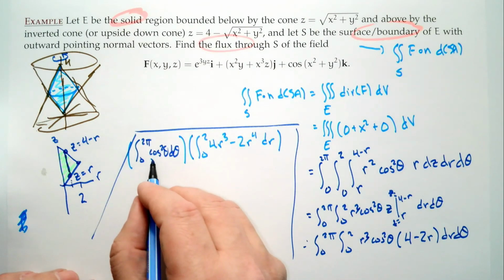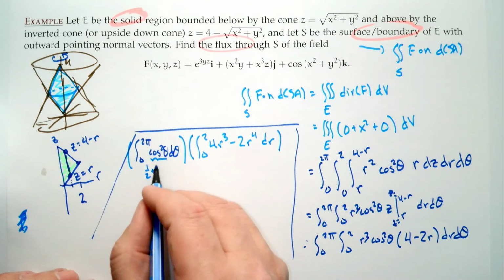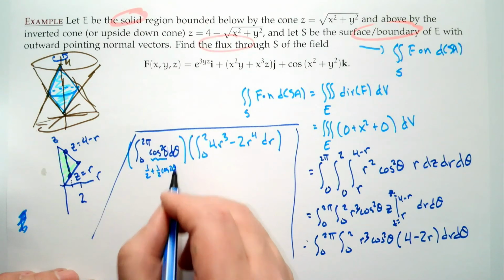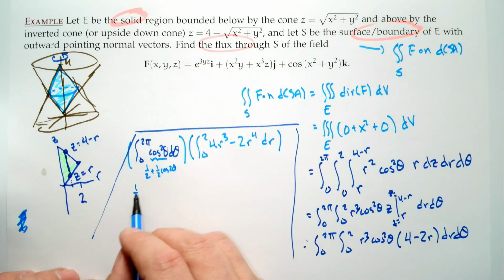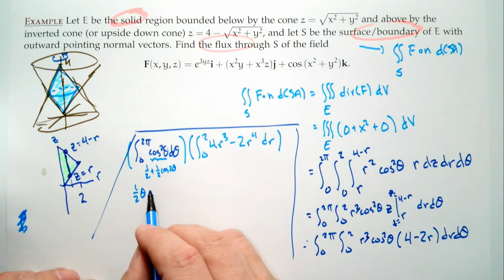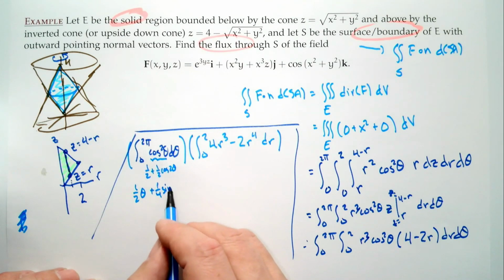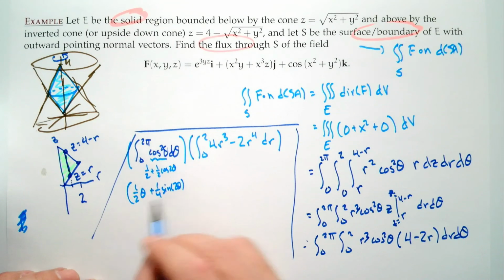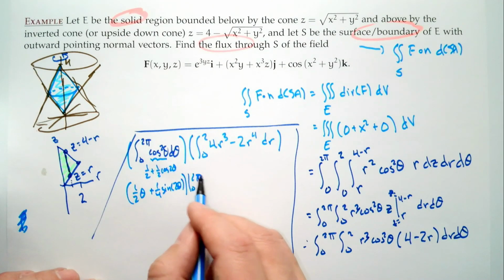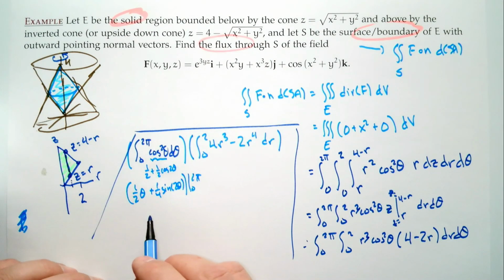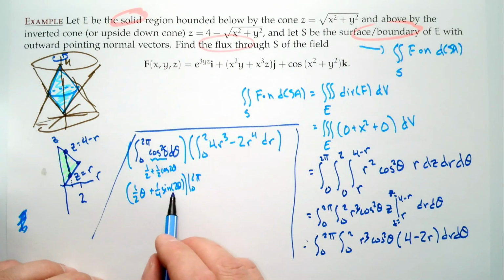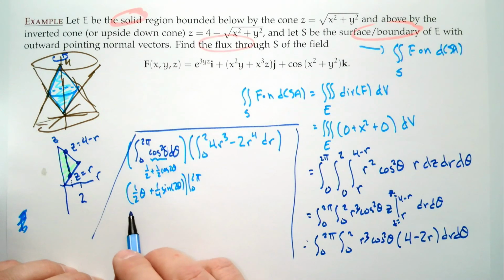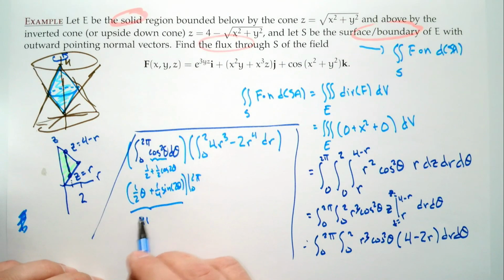So really you say cosine squared is 1/2 plus 1/2 cosine 2 theta before you integrate. So when you integrate, you get 1/2 theta plus 1/4 sine of 2 theta. And you're going to evaluate that from 0 to 2 pi. The nice thing is sine of 4 pi and sine of 0 are 0. So you end up with the first term being pi.